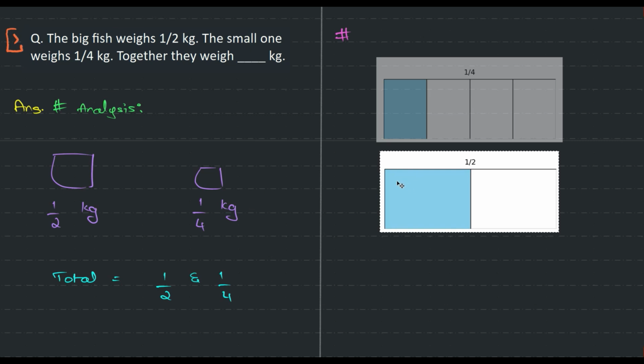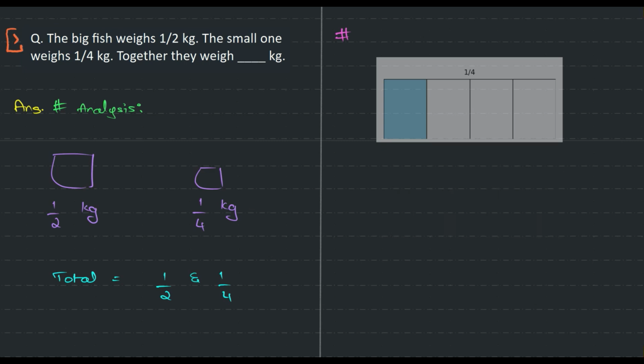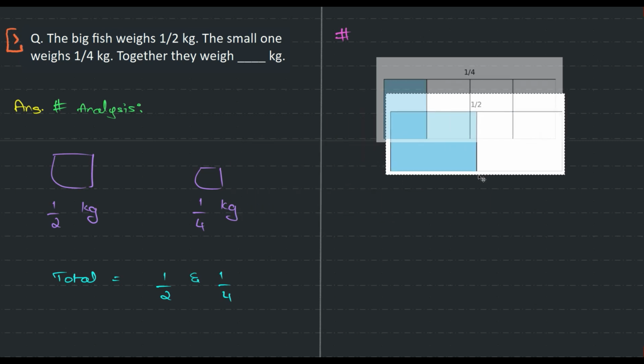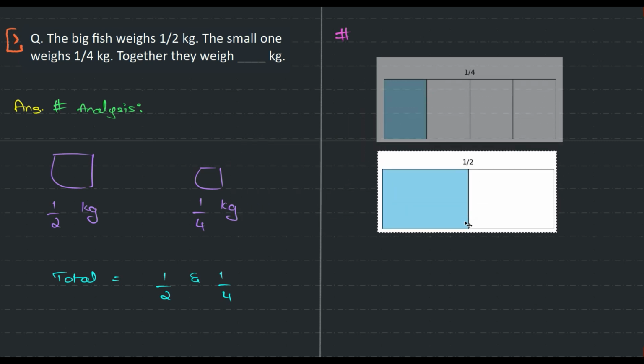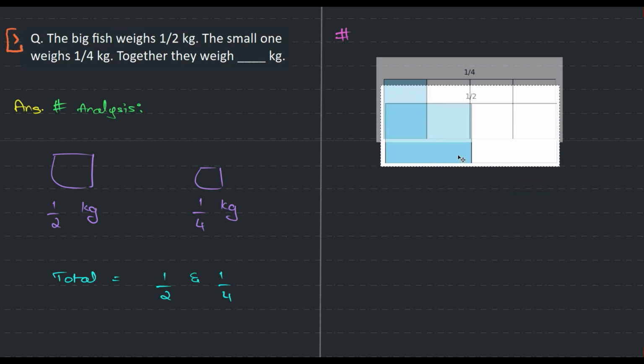Can you see anything over here which will help us? Can you see this?